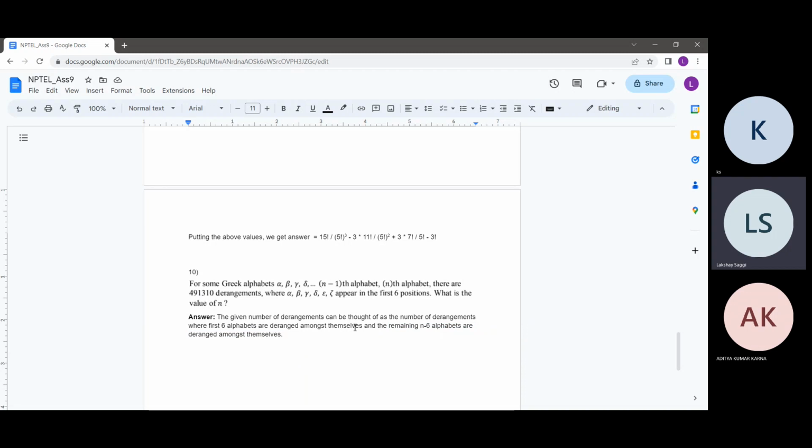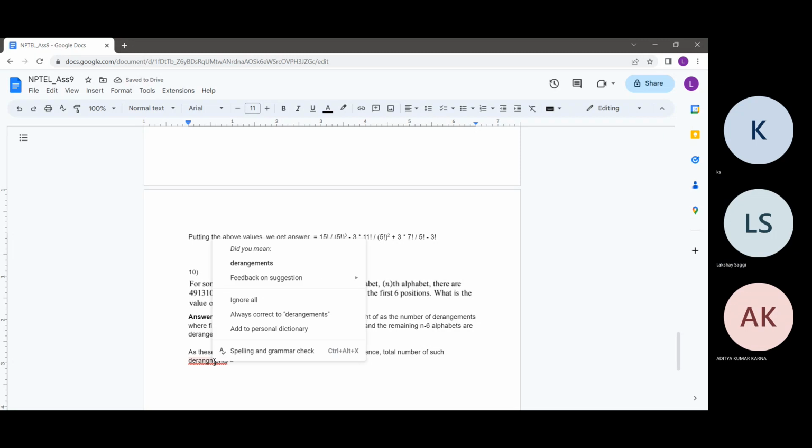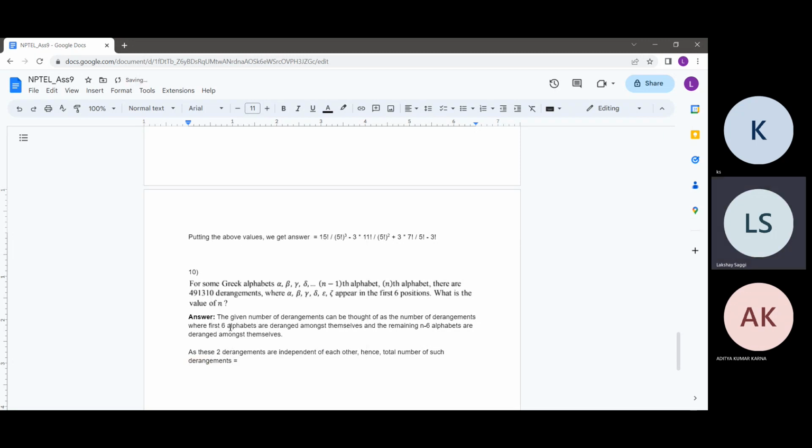Since these two derangements are independent of each other, the total number of such derangements is nothing but the product of these two.